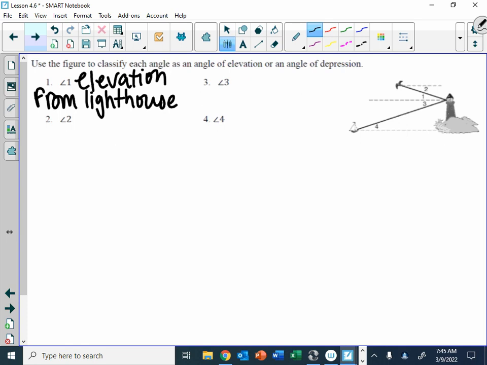Number 2 is if you're the bird. So the bird's line of sight, this is its line of sight, the angle's right here. So is that an angle of elevation or depression? Depression, good. Because the bird is looking down.